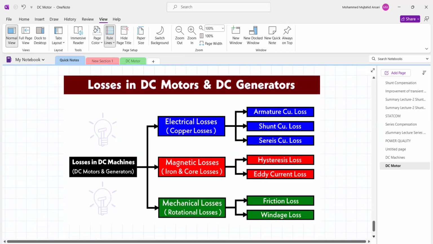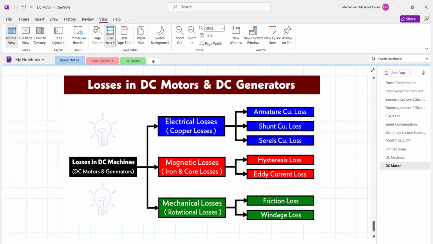The only difference is that the losses in the DC motor are reversed, because a generator delivers current from the armature, whereas a motor consumes current from the supply. So the losses in the DC generator and the DC motor are the same. First is the electrical loss, that is the copper loss.